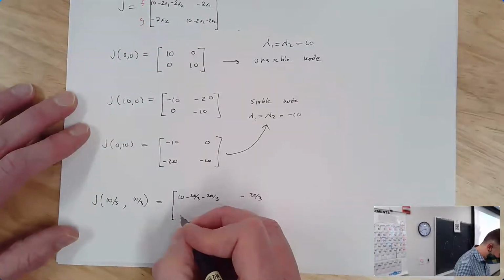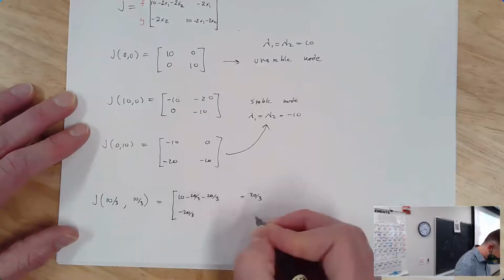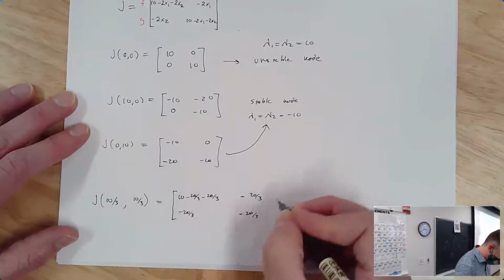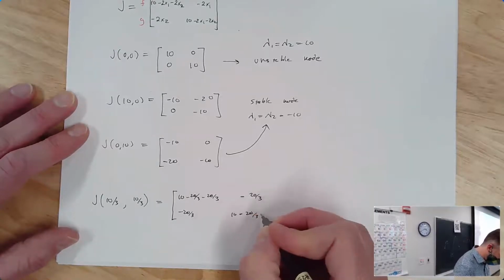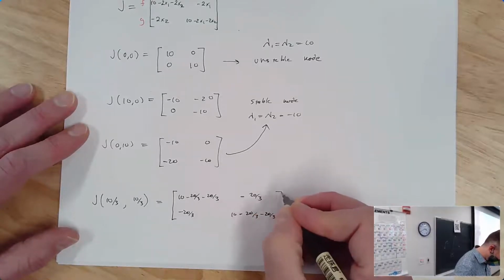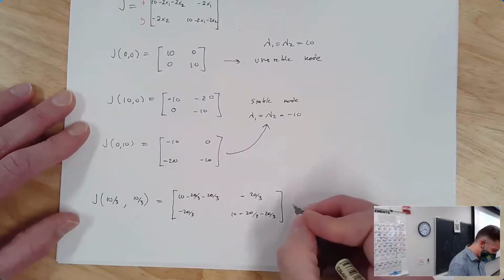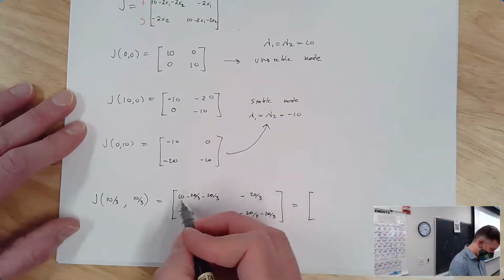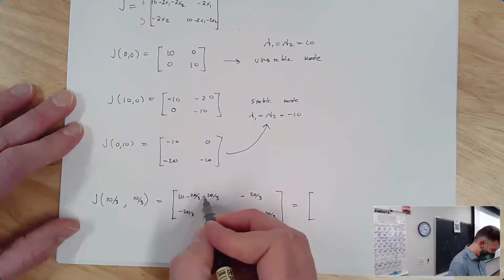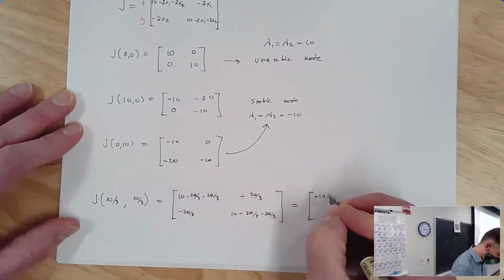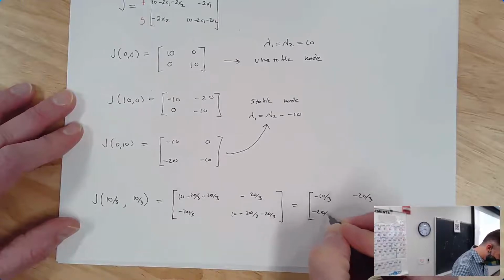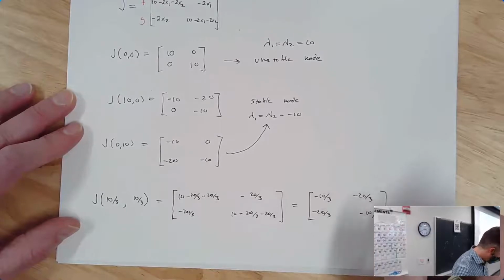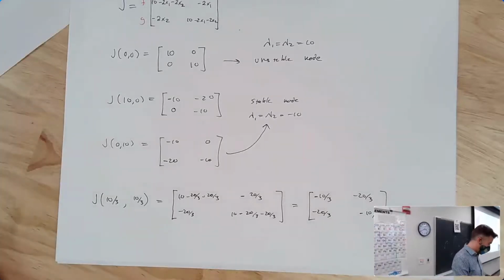If I simplify this, 30 thirds minus 40 thirds is minus 10 thirds, minus 20 thirds, minus 20 thirds, minus 10 thirds. Boo. I don't love it.